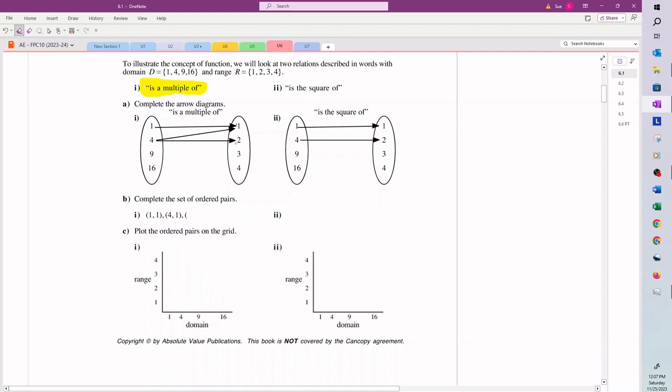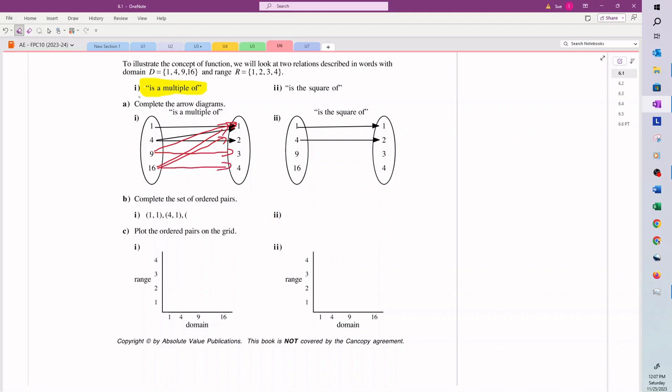This arrow doesn't go to 2 because 1 is not a multiple of 2. 4 is a multiple of 1, and 4 is a multiple of 2. 9 is a multiple of 1, and it's not a multiple of 2, sorry, but it is a multiple of 3. And then 16 is a multiple of 1, and it's a multiple of 2, and it's a multiple of 4.